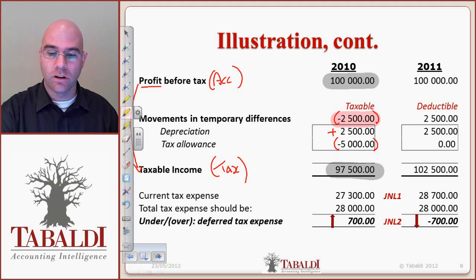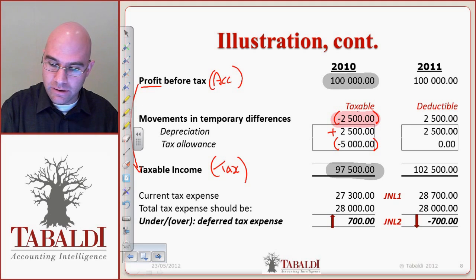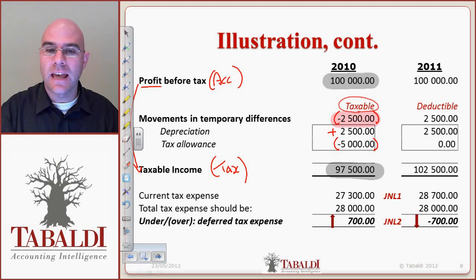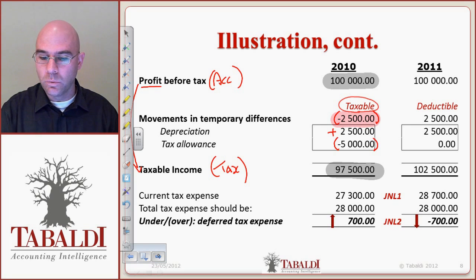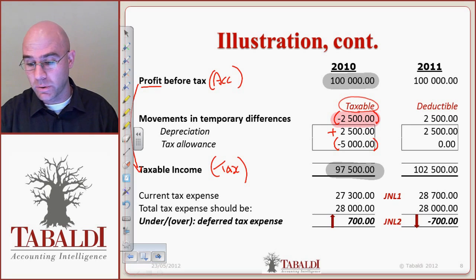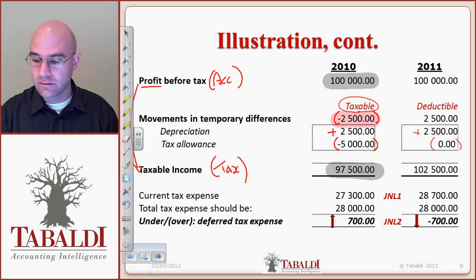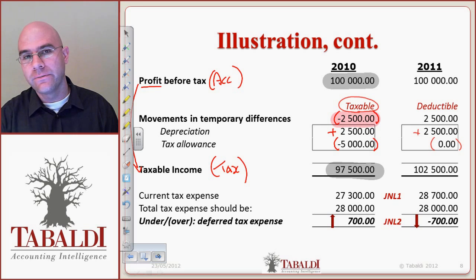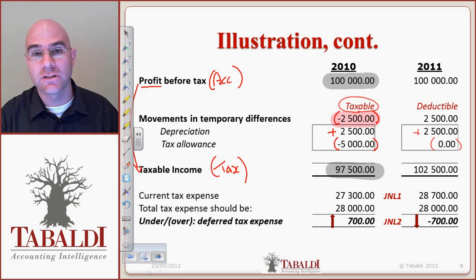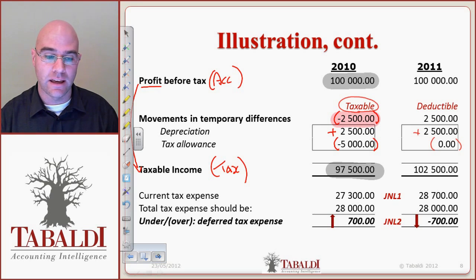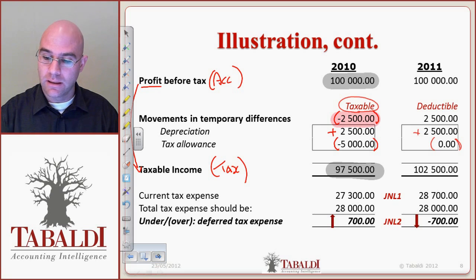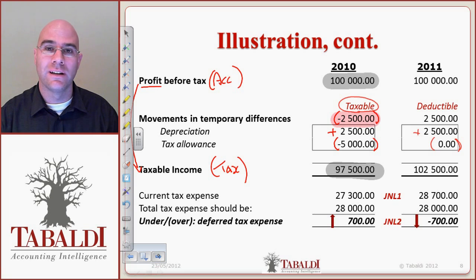And in this scenario, you will see later on that this taxable temporary difference movement will reverse out in the future, such as 2011, where depreciation once again is added back and the tax allowance is now zero. The full expense for accounting and tax over the life of this asset are exactly the same, both 5,000 Rand. But the periods in which they are expensed for accounting and tax are different.